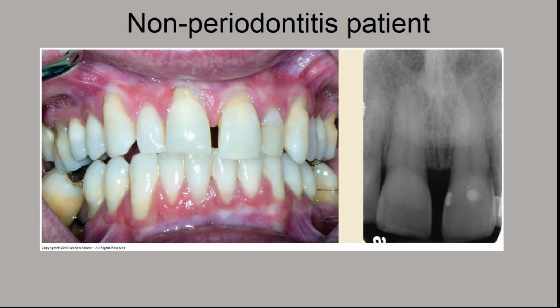If they are able, the ideal oral home care routine for this patient would be to be using an electric toothbrush that'll do the work for them and where they wouldn't have to apply any pressure. We want this patient to maintain this periodontium level and not cause any further damage. But since this patient does not have periodontitis, this patient would be treatment planned as the D1110 adult prophy.